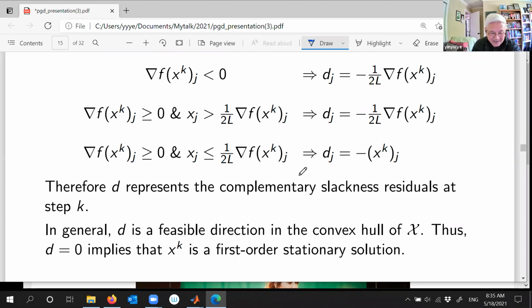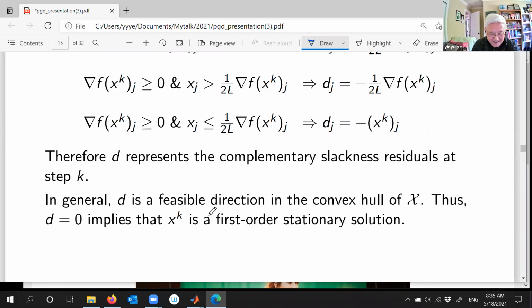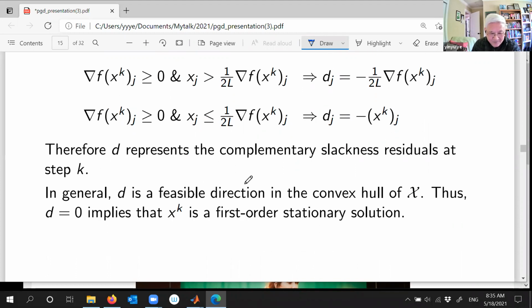So the point is, when d is small, when the Euclidean norm of these two successive coordinates is very small, that means d is small, but d generally represents a feasible direction in the convex hull of x.